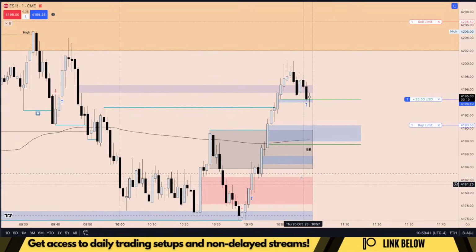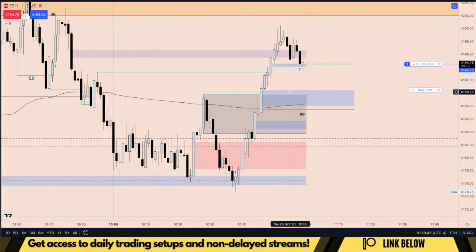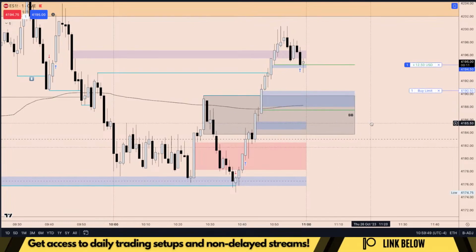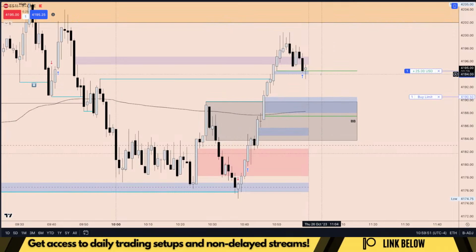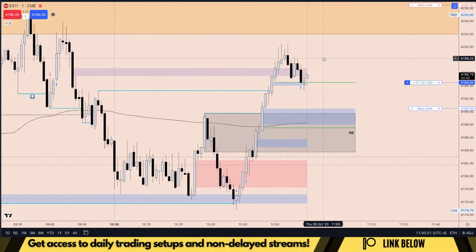High risk entry because there's lots of room to the downside. Could even hit the breaker block again if it wants to. 10 seconds before a new hourly candle. Three, two, one. And there it goes. New hourly candle is in.